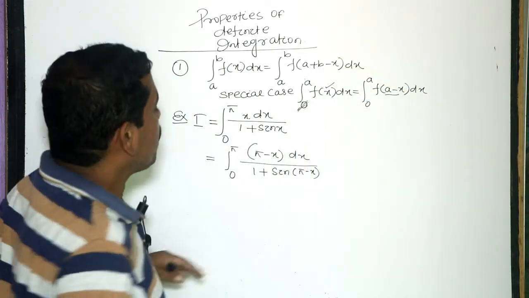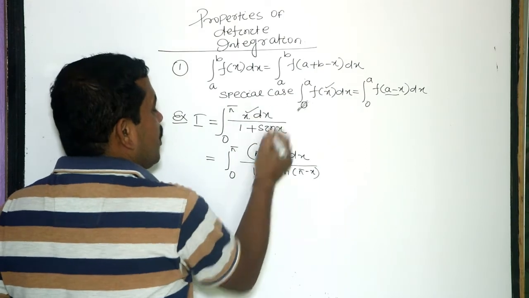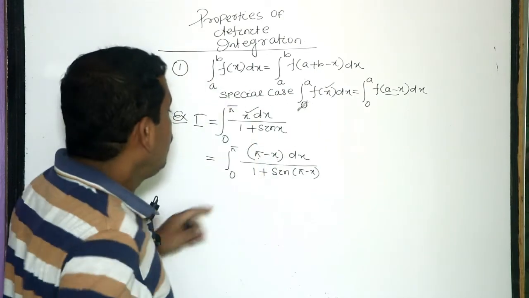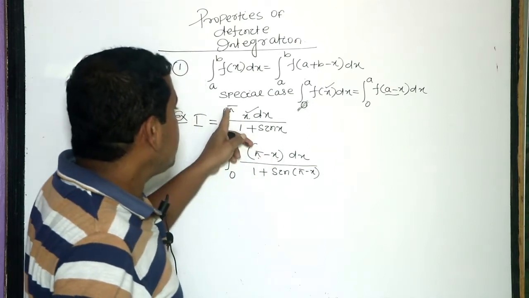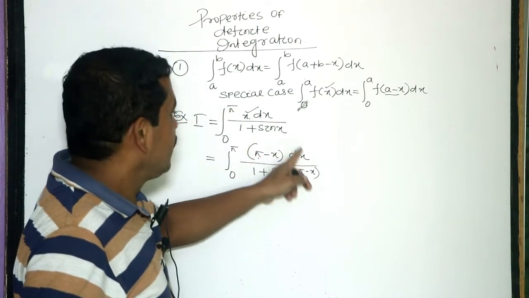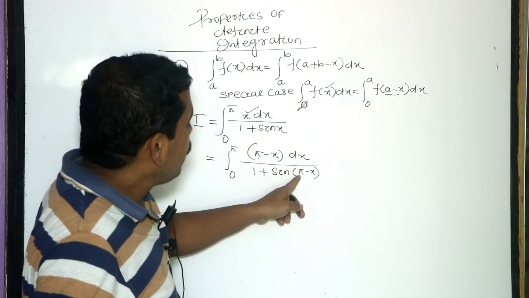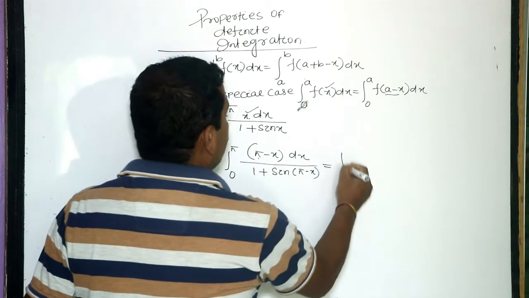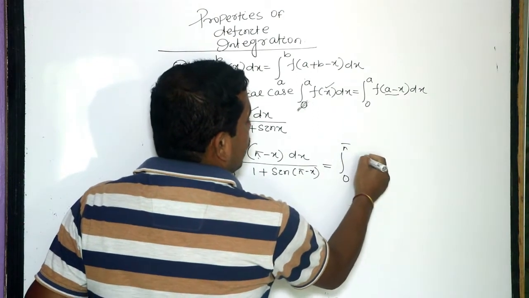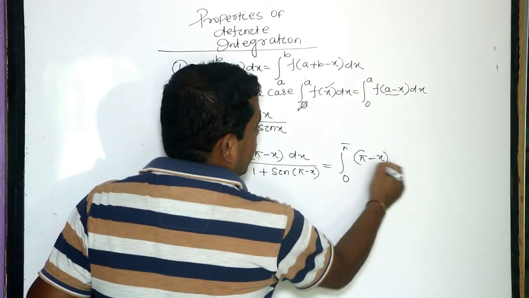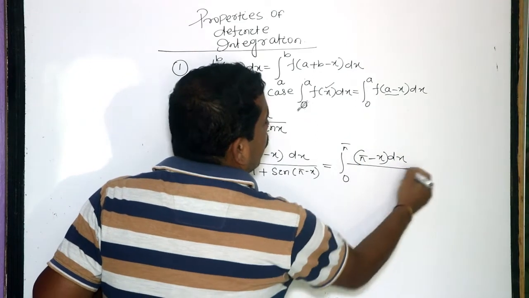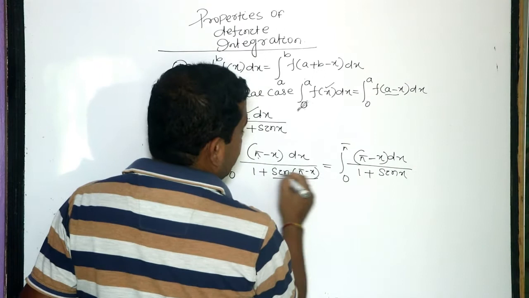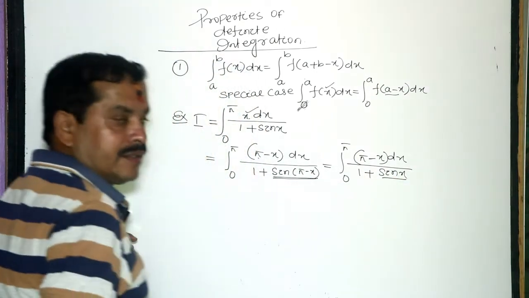By using this property, x becomes pi minus x because here a is pi. Here sin x becomes sin of pi minus x, so it is equal to 0 to pi of pi minus x dx by 1 plus sin x, because sin of pi minus x is sin x.